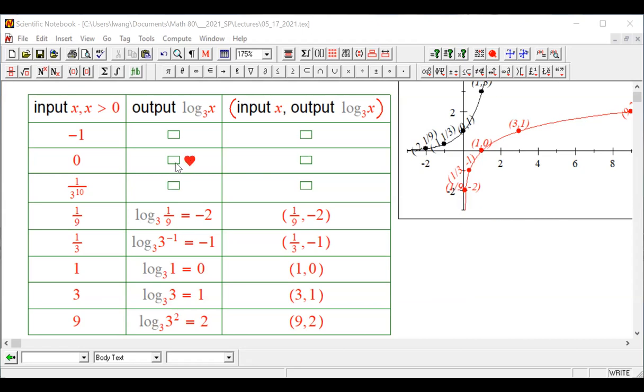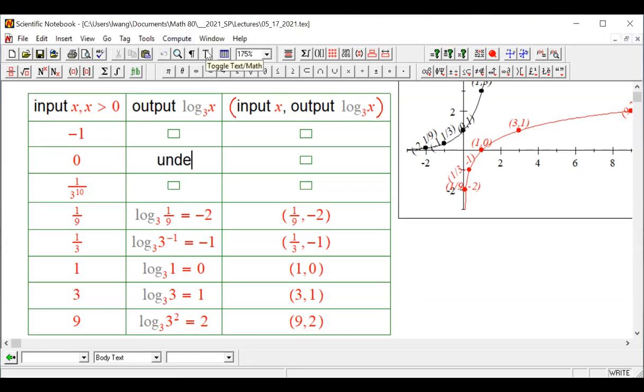And for x equals 0, it is undefined, for the same reason.